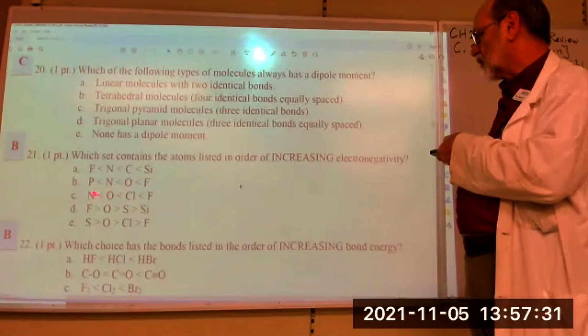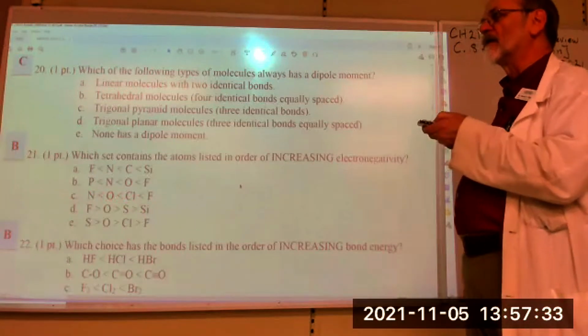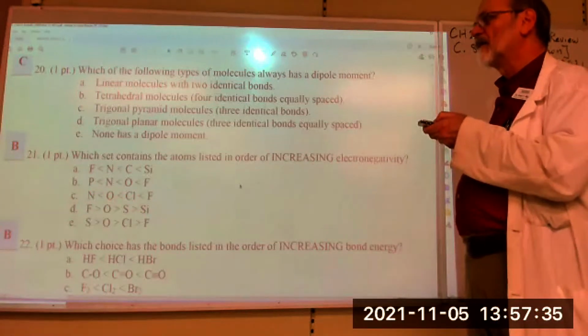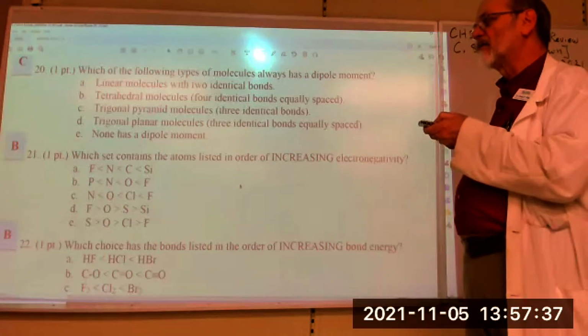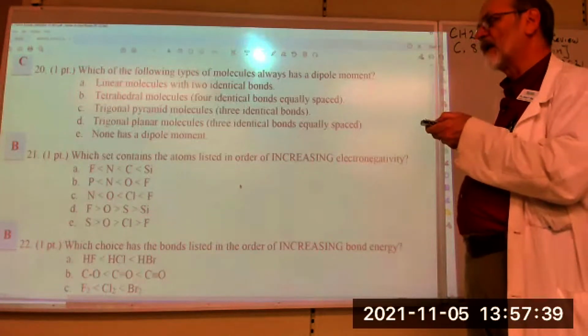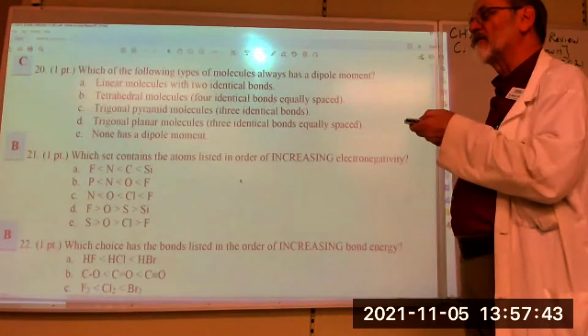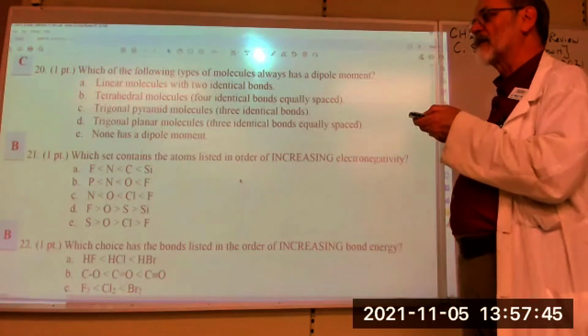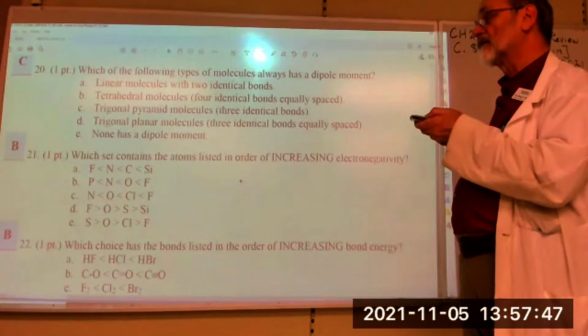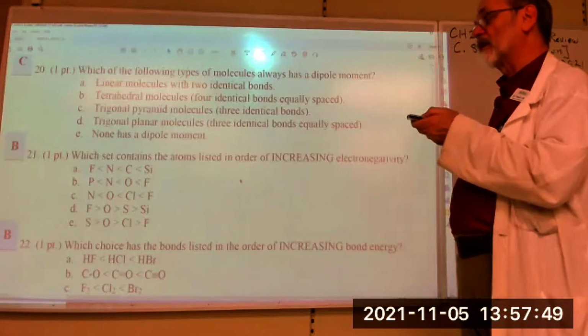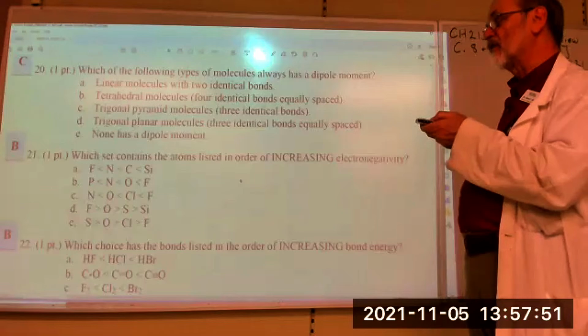Or nitrogen, oxygen, chlorine. Chlorine. Nope, it's going backwards. Can't be that one. How about this one? Phosphorus, nitrogen, oxygen, then fluorine. Phosphorus, nitrogen, oxygen. That's a good one. Phosphorus, nitrogen, oxygen, fluorine. From lower left to upper right.